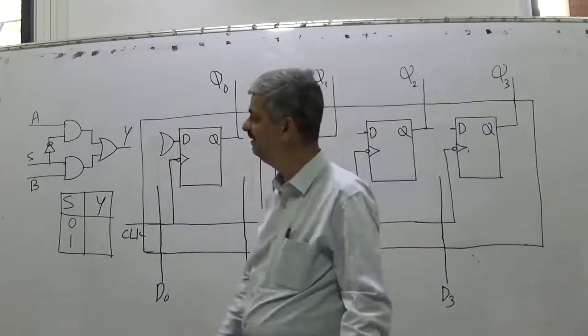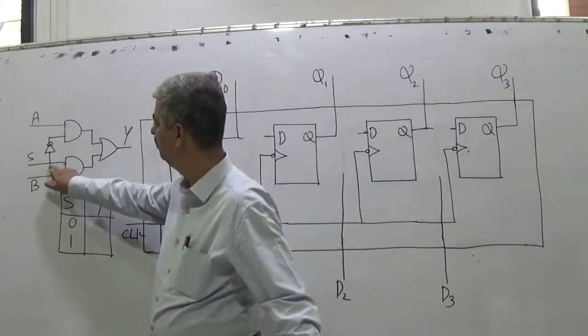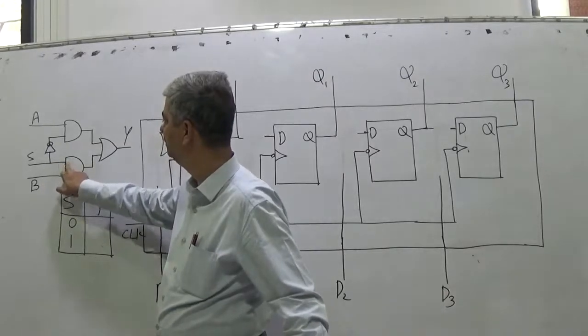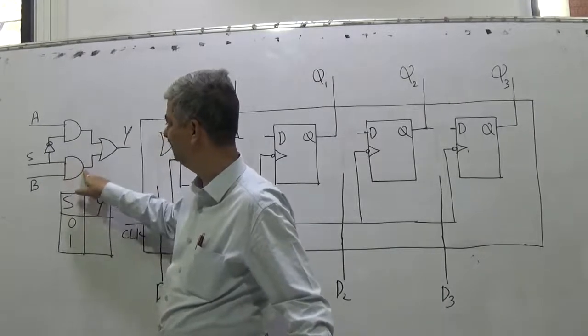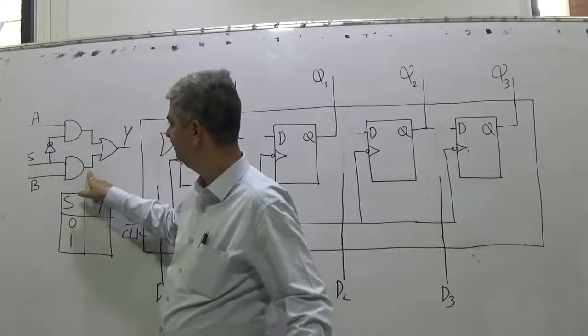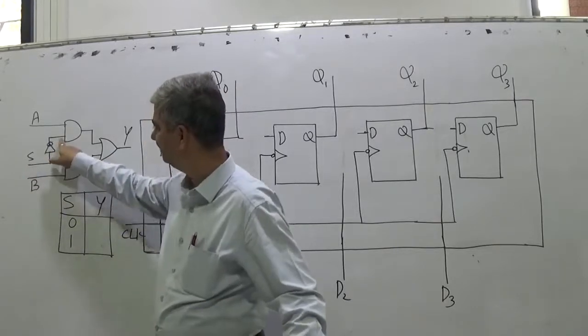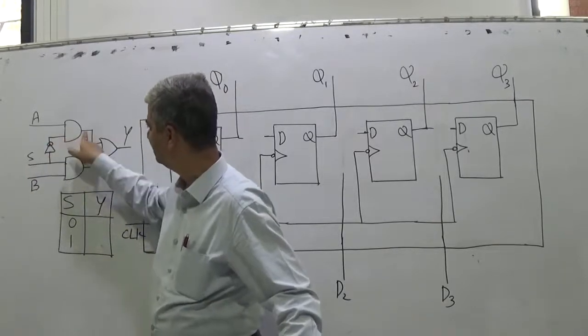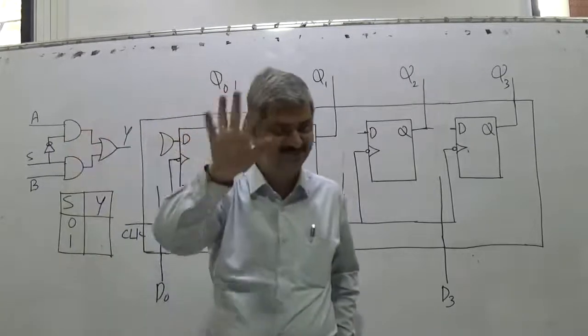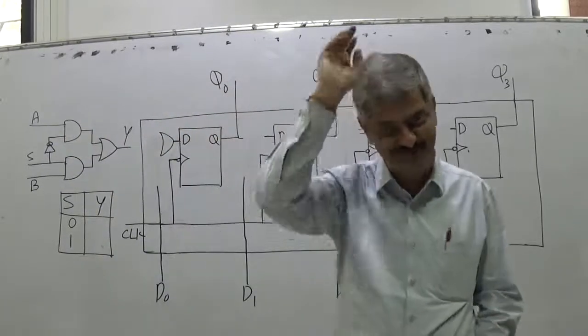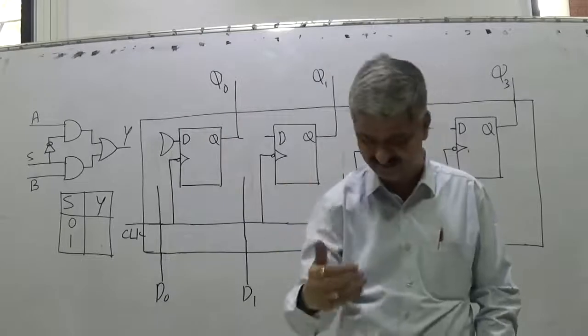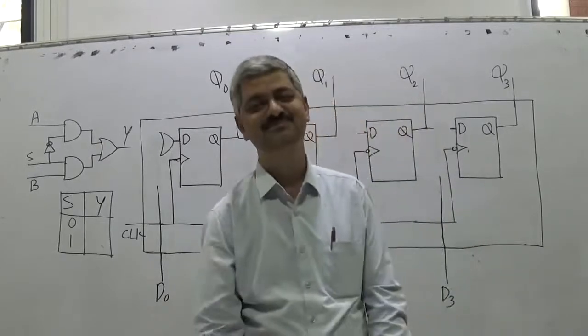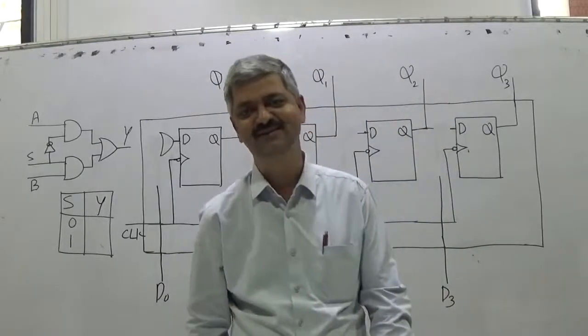It's very simple. If S is equal to 0, this will be 0, this will be 0. When S is 0, this is 0. When S is 0, this is 1. When this is 1, this is A. It's very simple. Right? Now this multiplexer I will explain again in the next part, but it's too simple.